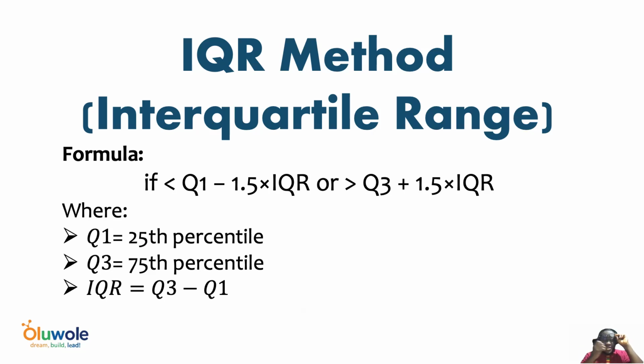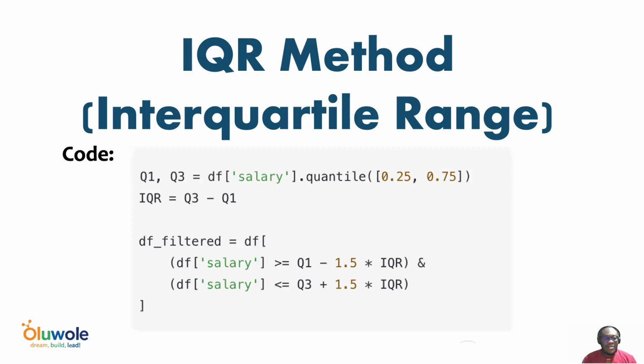But the good thing about Python is that we have code for that. You and I don't need to be cracking our brains to do all this calculation. So you can see my quartile here. Can you see my code? We have the difference in salary. We look at the quartile of the salary column, which I've already referenced. Then I call it filtered. I want to know if there's an outlier. Is there an upper or lower outlier?